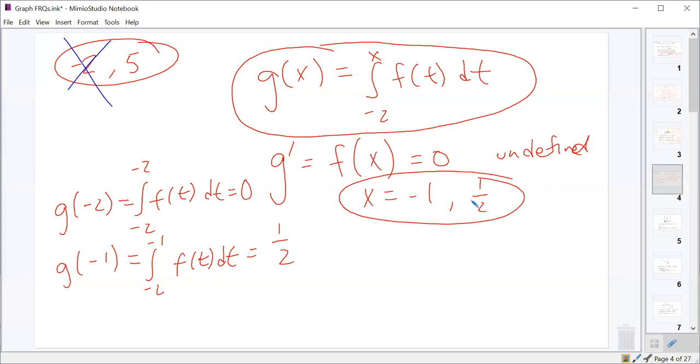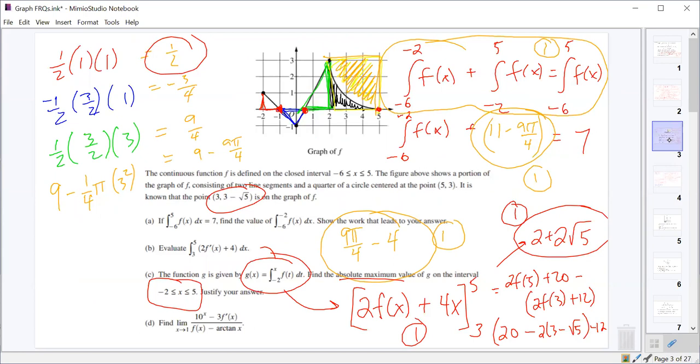Next one we want to check is 1/2. There's a reason we could have just not bothered with 1/2. Because if we think about f as the derivative, f is going from negative to positive, which means at 1/2, the function g is going from decreasing to increasing. So it's actually at a minimum there.